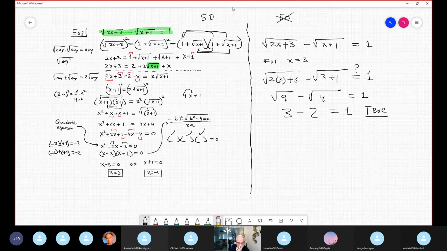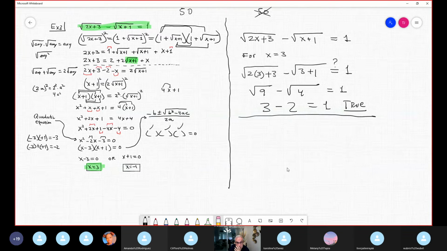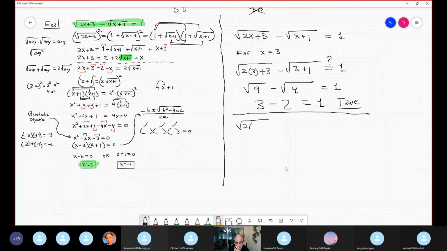I have no idea about the second solution. Again, it's the same procedure, but substituting negative 1 into the original equation. It's square root of 2 times negative 1 plus 3, everything inside the radical, minus square root of negative 1 plus 1, should be 1.